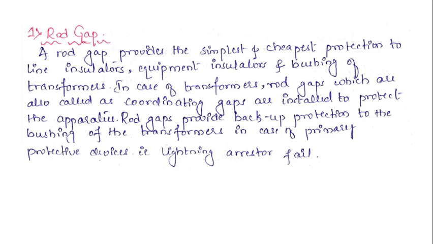Rod gaps provide backup protection to the bushing of the transformer in case the primary protective device, that is the lightning arrestor, fails. As I have already mentioned, these transformers will always be provided with a lightning arrestor. If the lightning arrestor fails, then automatically the rod gaps will act as a backup protection.